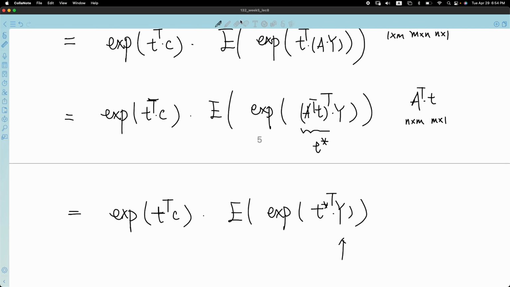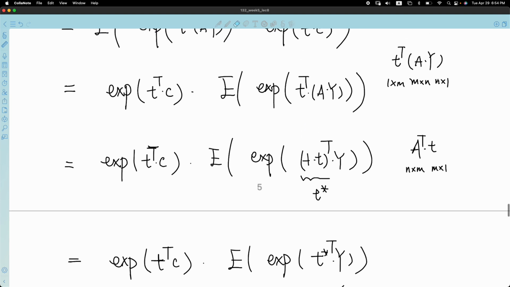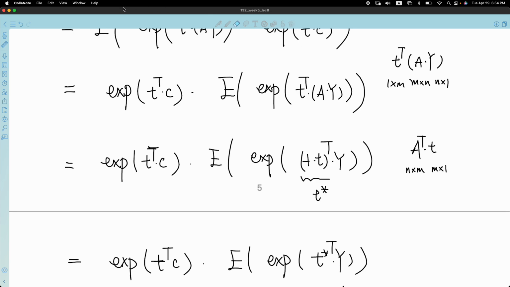Okay, so for the multivariate case, it's always a good habit to write down the dimensions for checking.